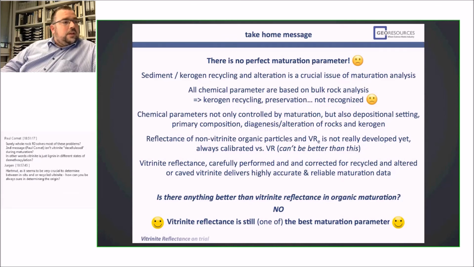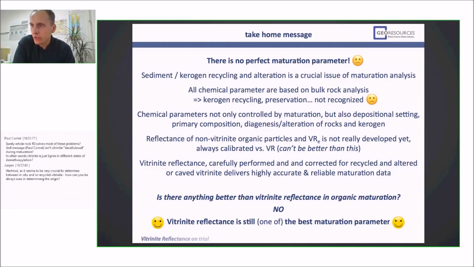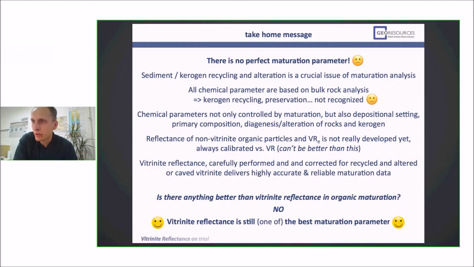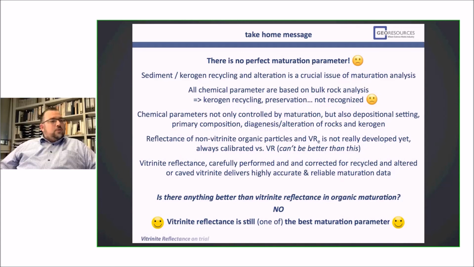Jürgen is asking, Hartmut, as it seems to be very crucial to determine between in situ and recycled vitrinite, how can you always be sure in determining the origin? That's a good question, and that's not easy to answer. In the case studies I showed you, it was quite clear because there was no caving. We didn't work with cuttings.